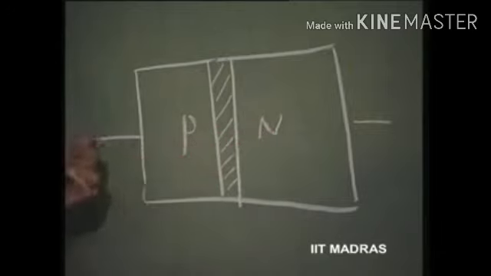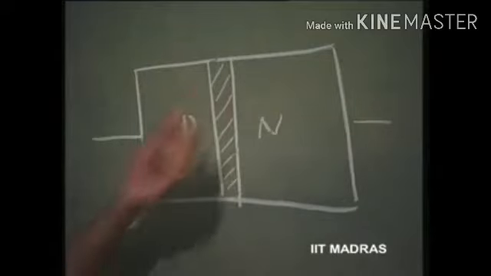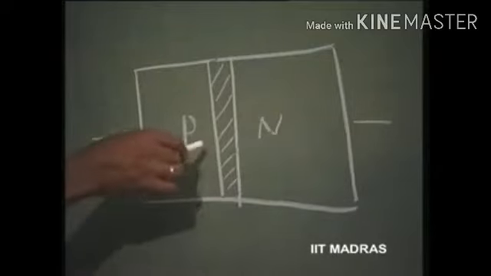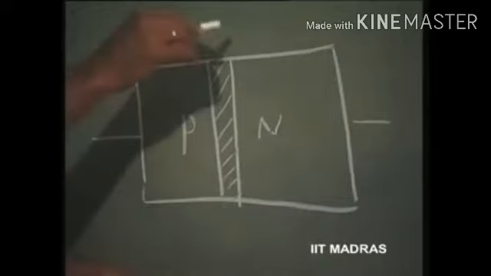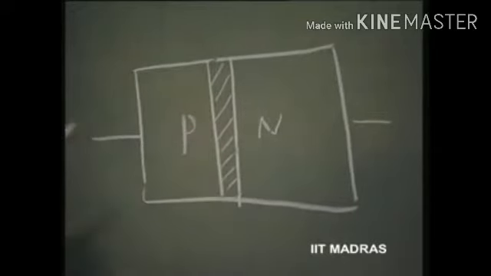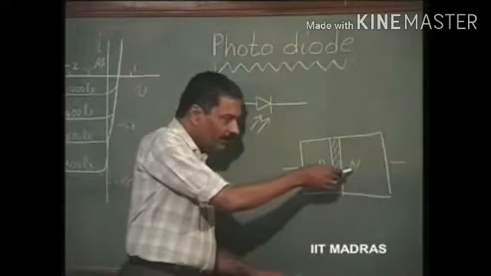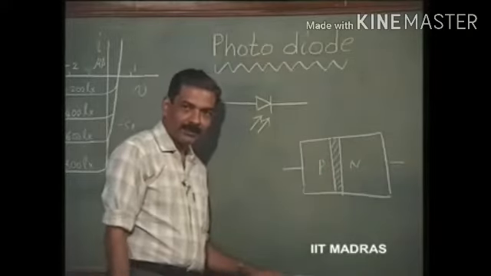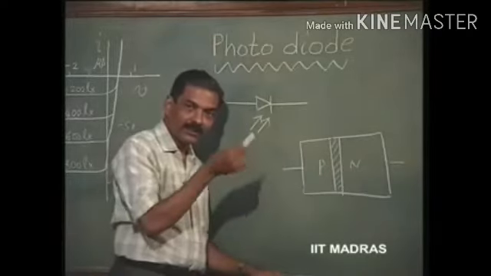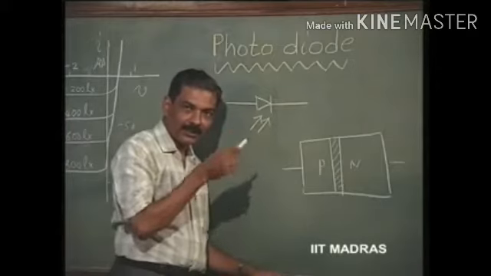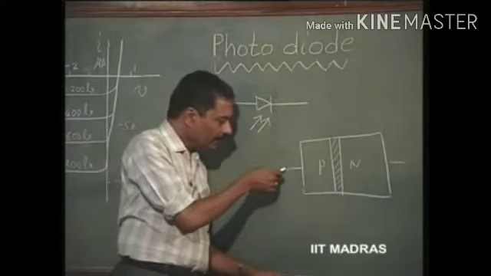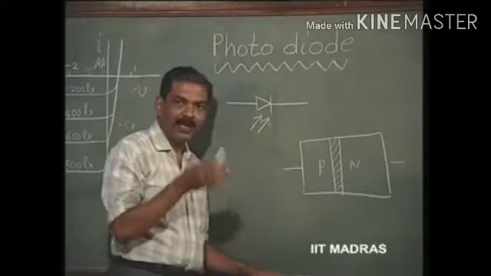This minority carrier flow obviously will increase if this hill for the majority carrier increases, but there is only a maximum limit, because these are all saturation values corresponding to the saturation current it will reach. Ultimately, the current, when it is reverse biased, will be flowing only because of this kind of current due to minority carriers. This is called the reverse saturation current or leakage current, and that gets saturated at a value Is for the diode.